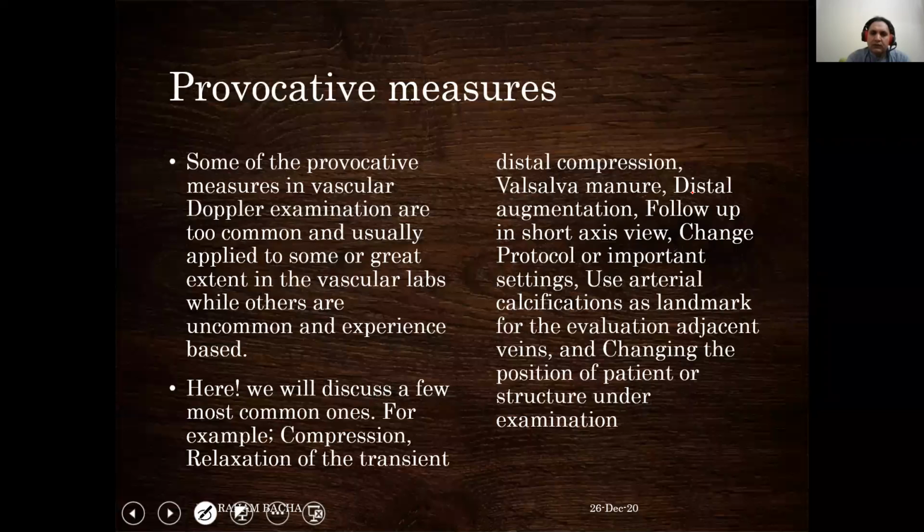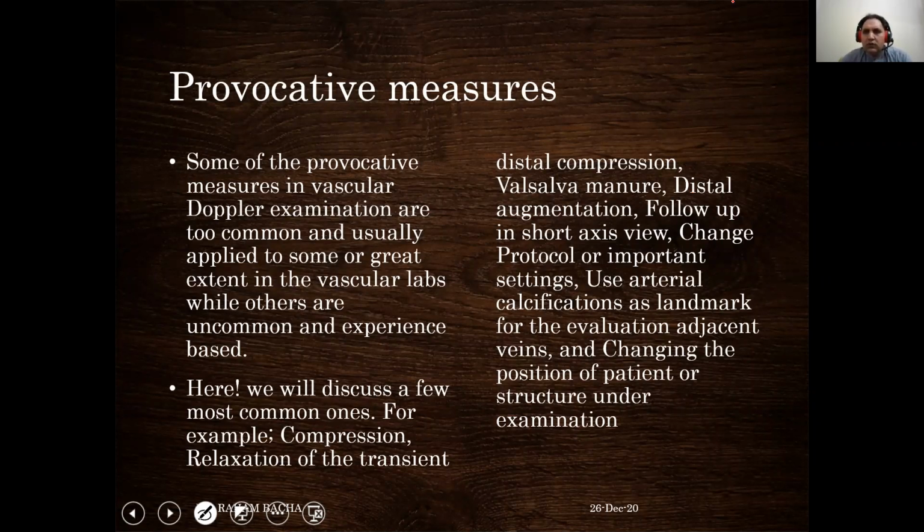For example, compression, relaxation of the transient distal compression, Valsalva maneuver, distal augmentation, follow-up in short excessive, changing protocol, important settings, using arterial calcification as a landmark for the evaluation of adjacent veins, and changing the position of the patient or the structure under examination.